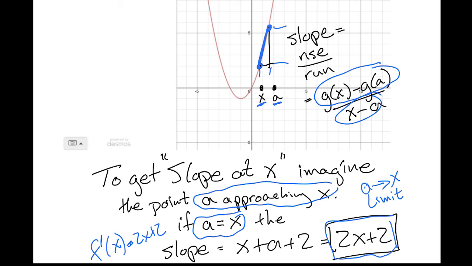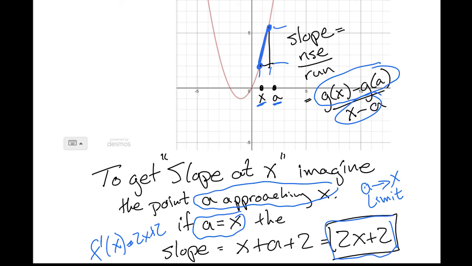So as a gets closer and closer to x, that slope becomes more and more exact. There are some calculus tricks to formally do this, but if you let a equal x, that simplifies to 2x plus 2. And that's going to be the formula for the derivative.